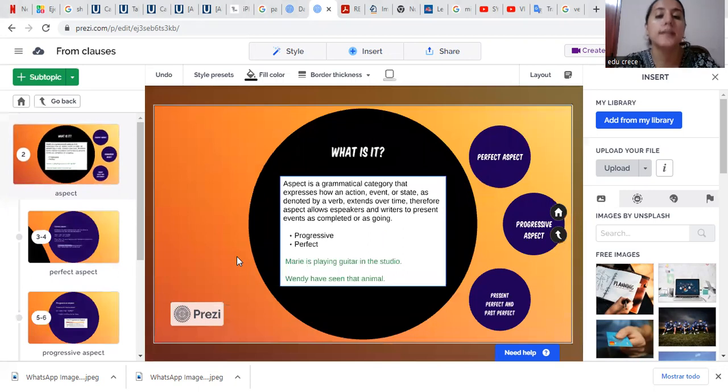Aspect is a grammatical category that expresses how an action, event, or state, as denoted by a verb, stands over time. Therefore, aspect allows speakers and writers to present events as completed or as ongoing, for example, progressive and perfect.